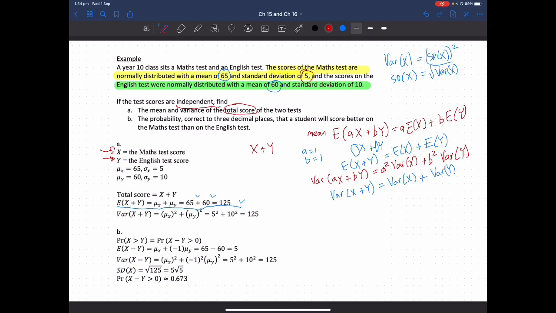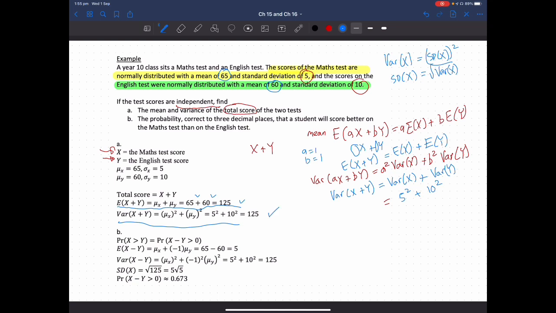The standard deviation of English, which is y, is 10. So what we're going to have to do is square those two. So I have 5 for x for the standard deviation, so I'm going to have 5 squared plus the standard deviation of 10 for y, plus 10 squared. As you can see, I've written that. 5 squared plus 10 squared is also 125.